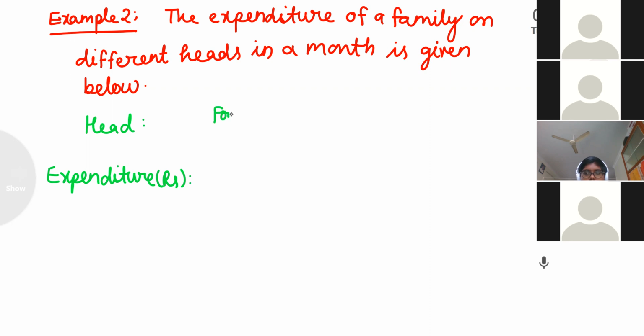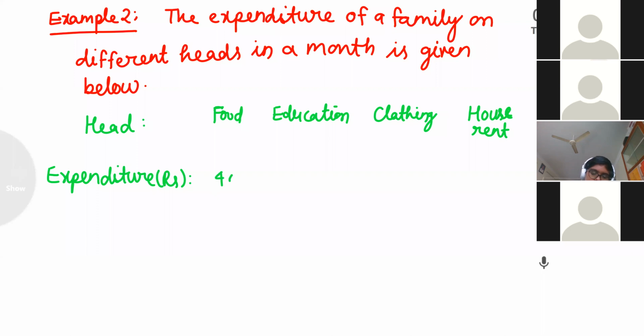Food, education, clothing, house rent. Food expenditure is 4,000, education 2,500, clothing 1,000, house rent 3,500.